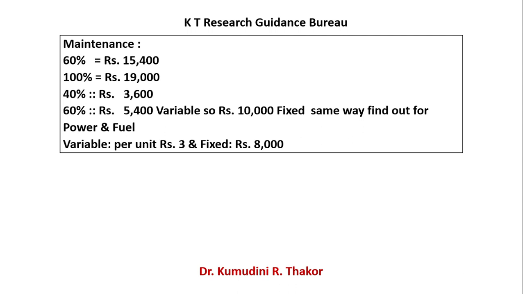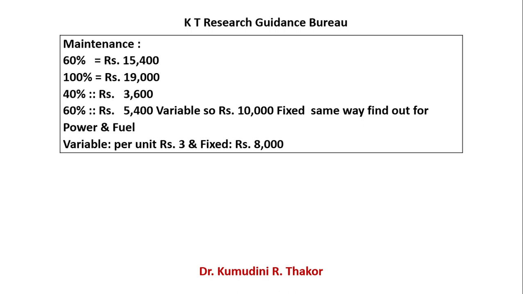So obviously at 40% it is 3,600, then at 60% it is 5,400. Means it is variable. Now at 60%, your total expenditure is 15,400. Among them, variable is 5,400.